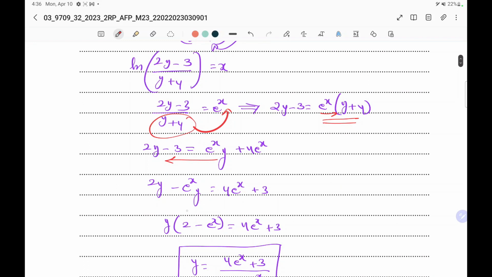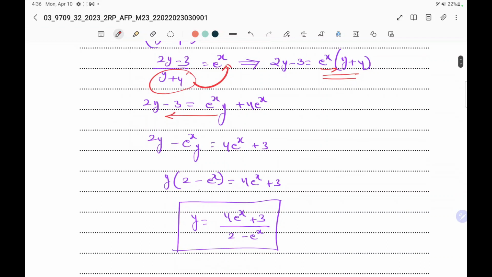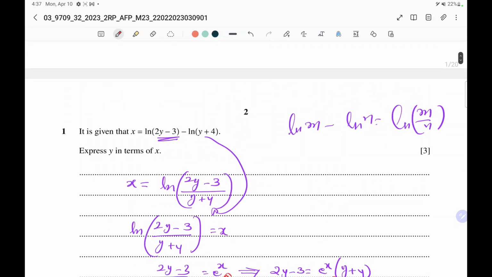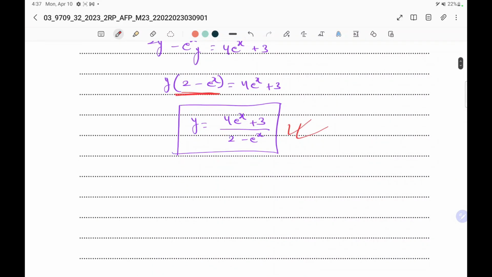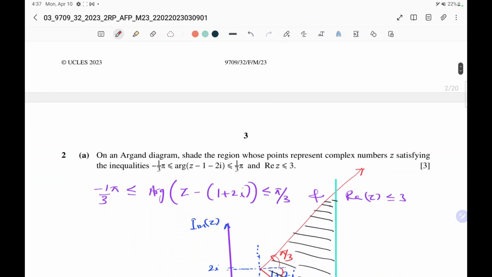Take y common: y times (2 minus e to the power x) equals 4 e to the power x plus 3. Then divide both sides by (2 minus e to the power x) to get y equals (4 e to the power x plus 3) over (2 minus e to the power x). The question was to express y in terms of x, so this is the expression of y in terms of x.